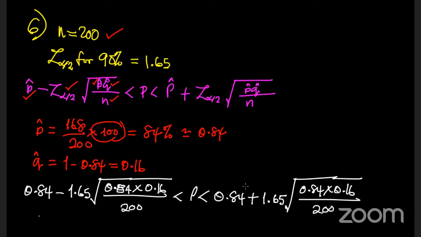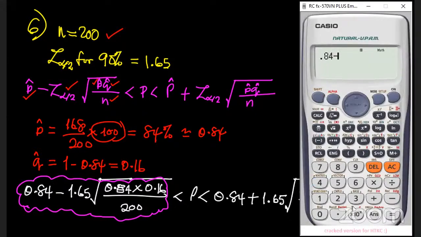Okay, so what do we have for this side? Let's try it together. 0.84 minus 1.65 times the square root of 0.84 times 0.16 all over 200.